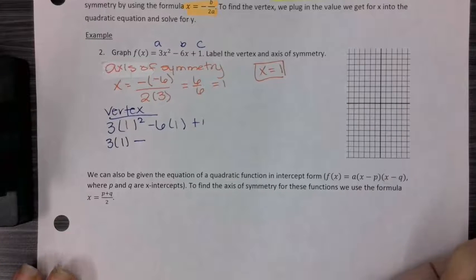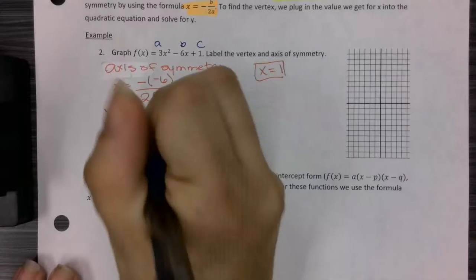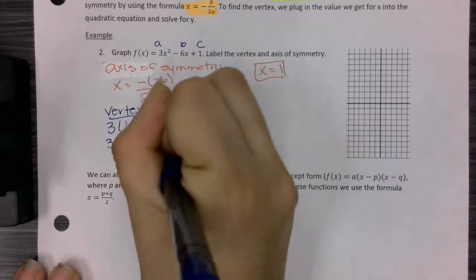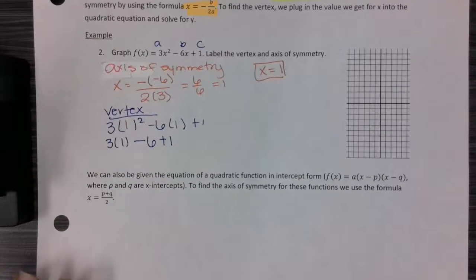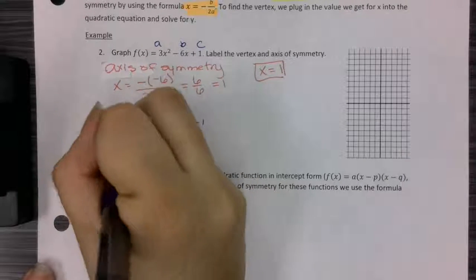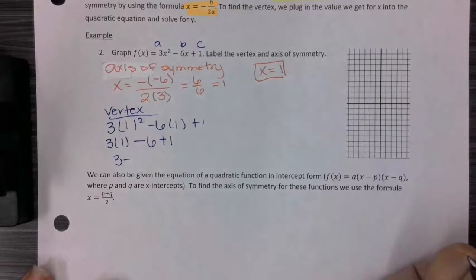Negative 6 times 1 is negative 6. And then I still have the plus 1 at the end. 3 times 1 is 3, 1 times 1 is 1.